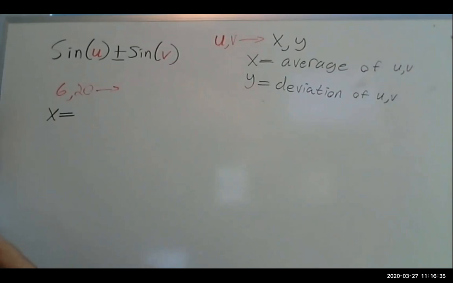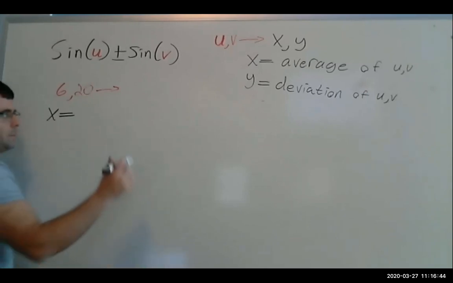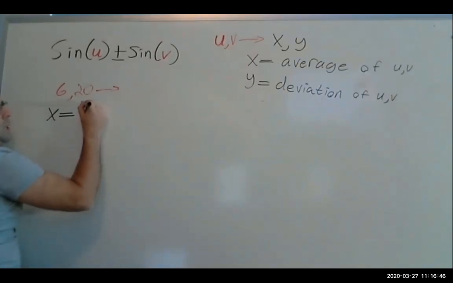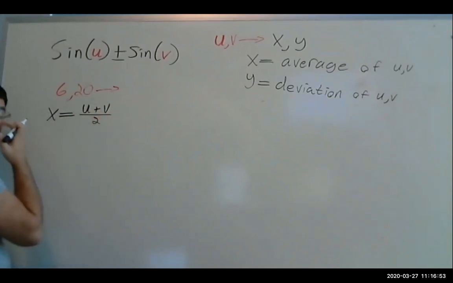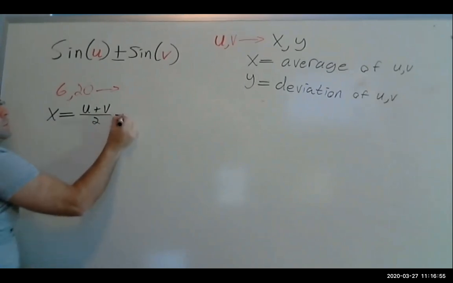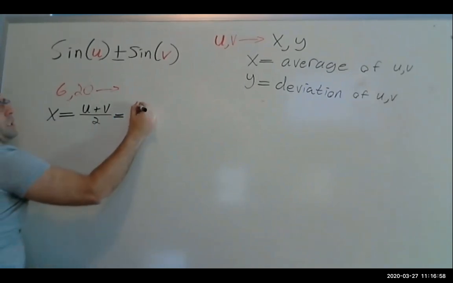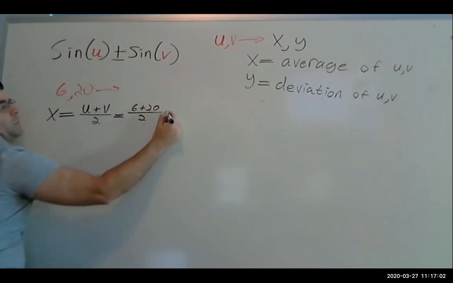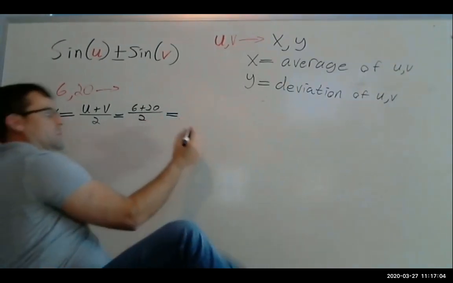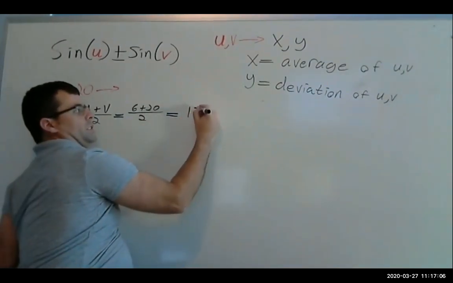How do you find the average of things? You add them up, so U plus V, and you divide by how many there are. In this case, it's just 2. So that equals 6 plus 20 over 2, equals 13.